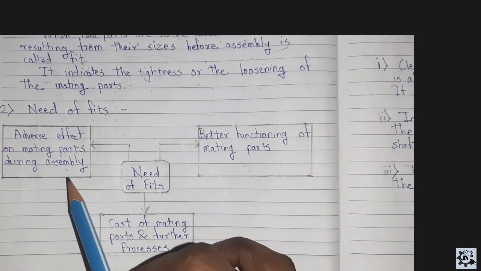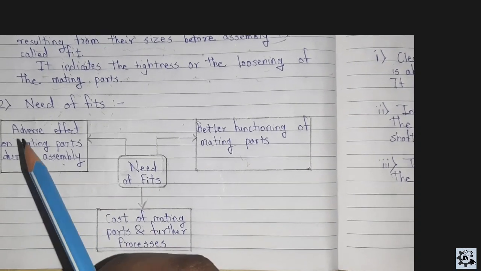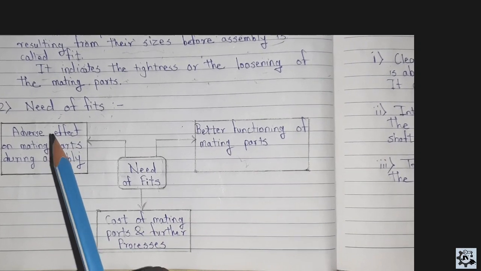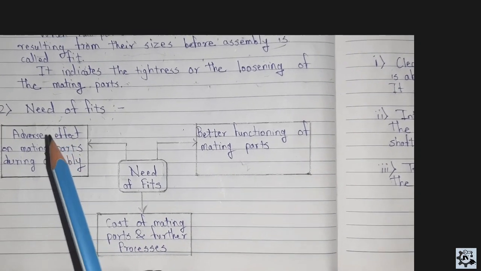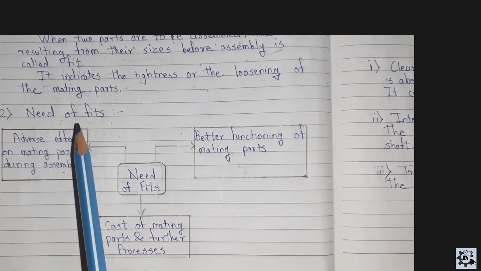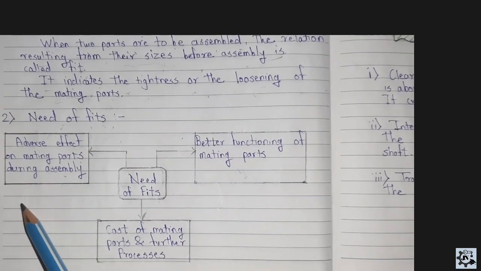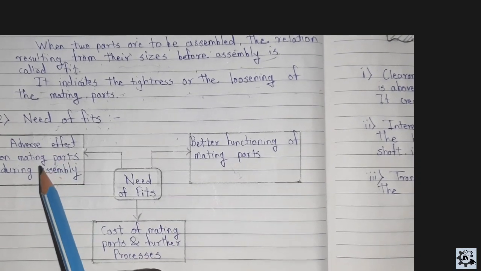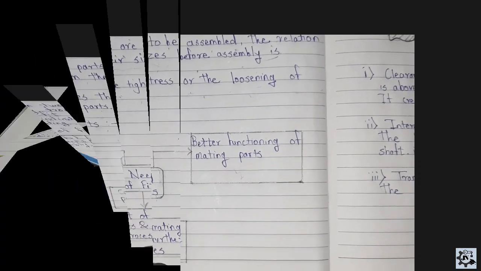In such cases, there are high chances of breaking of these two parts if they are too tight. So for preventing such breakdowns, we need to first apply the fits relationship before assembly of two mating parts.